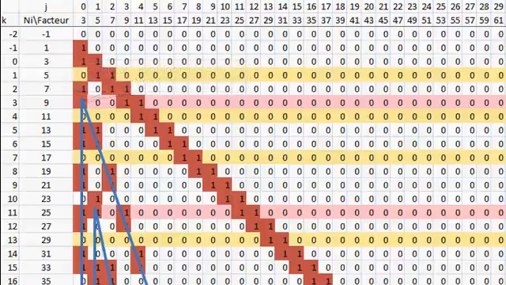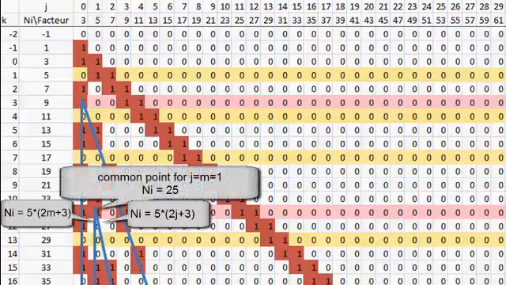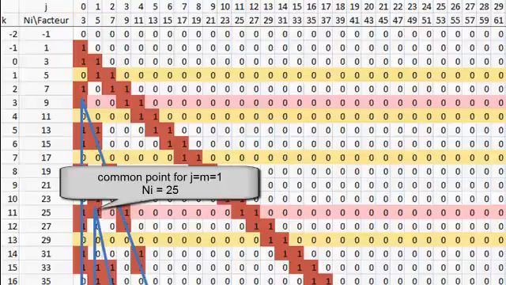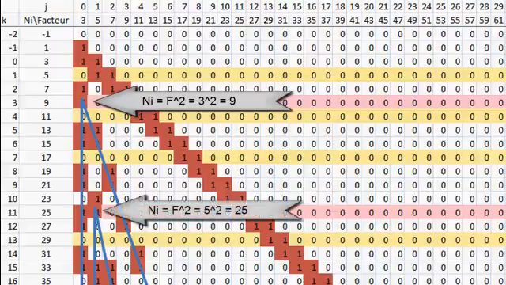For factor 5, the linear functions 5 times 2 times j plus 3 and 5 times 2 times m plus 3 share a common point when j equals m equals 1 and so forth. This point, common to a pair of linear functions, corresponds to the square of the factor. These points are highlighted in pink in the table.